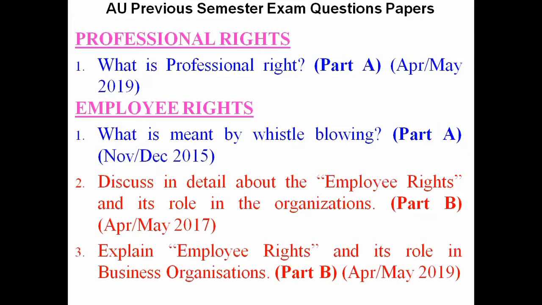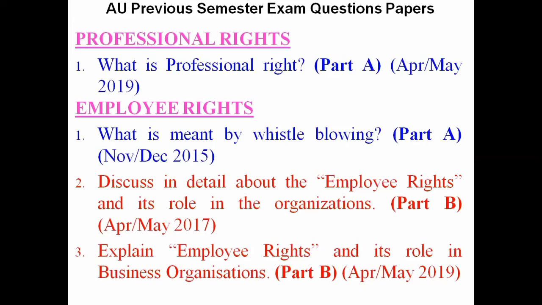The next topic is employee rights. Under the topic employee rights in Unit 4, one Part A question and two Part B questions have been asked so far. The Part A question is, what is meant by whistle blowing?